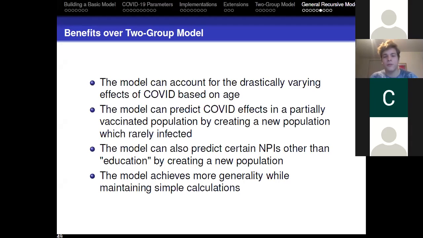So pretty much the fact that we have the ability to create more than 2 different populations means that we can study the effects of more factors that can cause varying infection rates. And then it can also predict certain NPIs other than education, again, by creating a new population. And it achieves more generality while still maintaining the simple structure of the original SIR model.